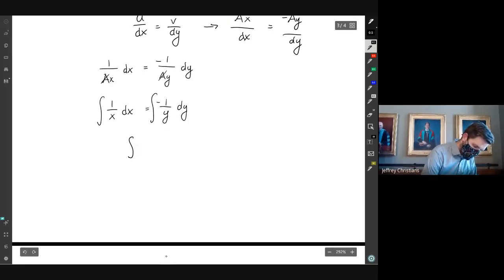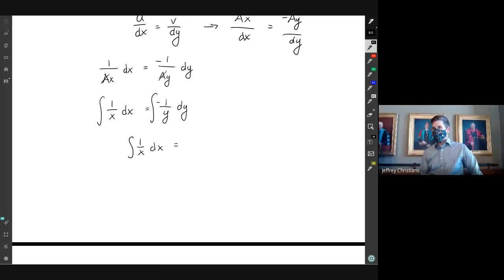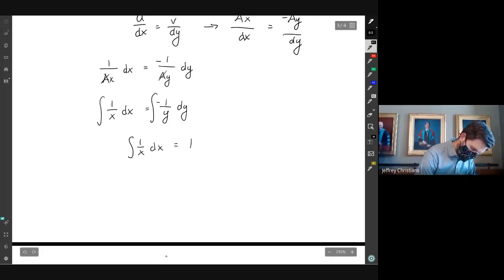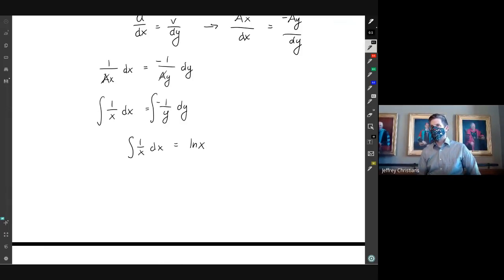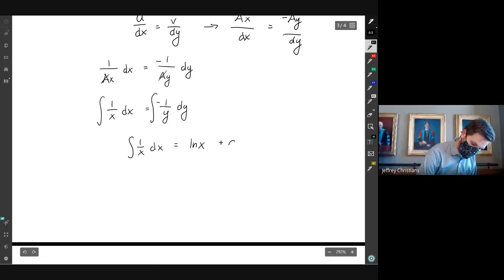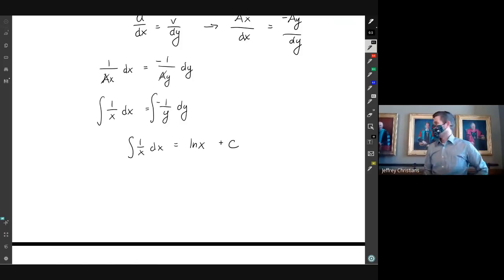Okay, the integral of 1 over x dx is equal to what? Natural log of x. Just natural log of x, or is there anything else that we should not forget about? Plus c, yes, plus a constant. Your calculus teachers are so happy. Okay, so we can't forget the constants, and we'll see why in a second.